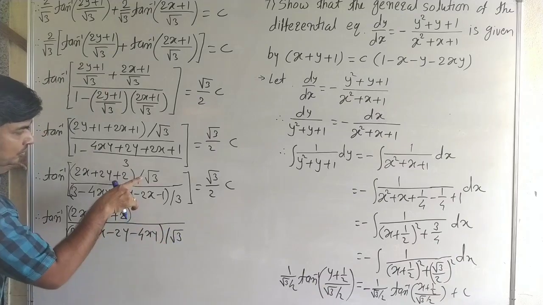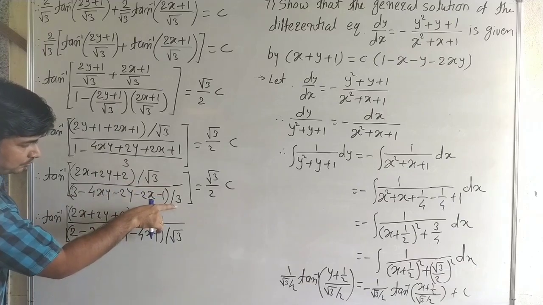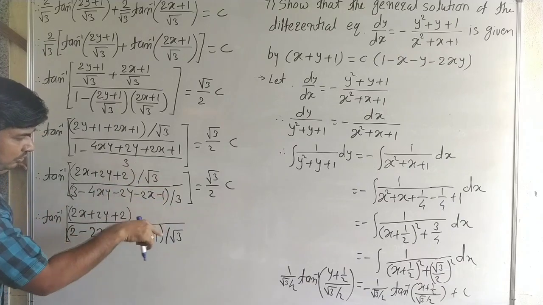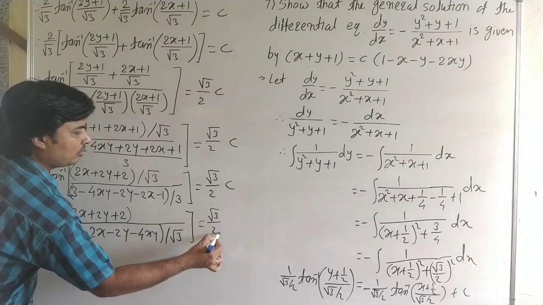See carefully this root 3 and this 3. Root 3 and it is a 3, it is a root 3 into root 3, one root 3 gets cancelled, and here it is under root 3 upon 2 into c.